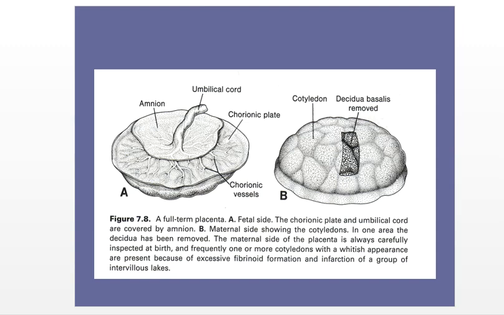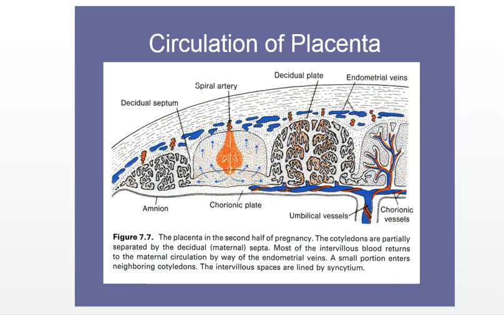During the 4th and 5th months, the decidua forms a number of decidual septa, which project into intervillous spaces but do not reach the chorionic plate. Here, like in these pictures, this is the decidual septa, as you see here, not reaching the chorionic plate. They come from the maternal side.